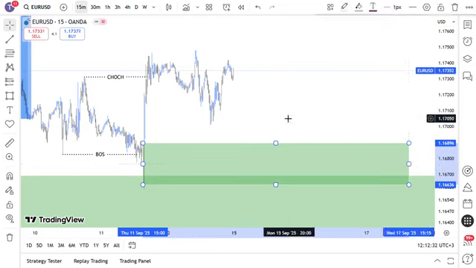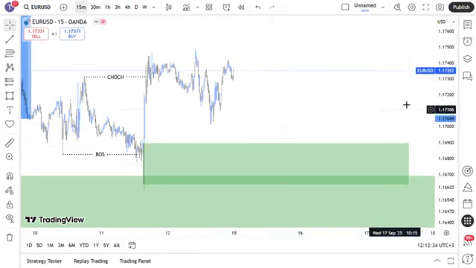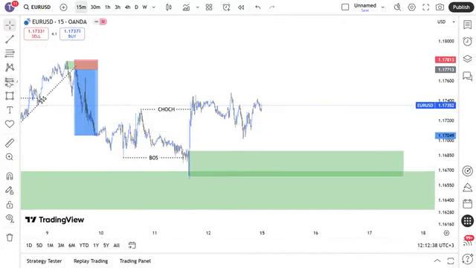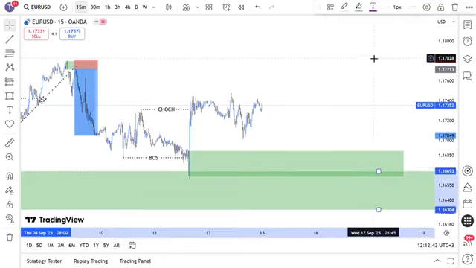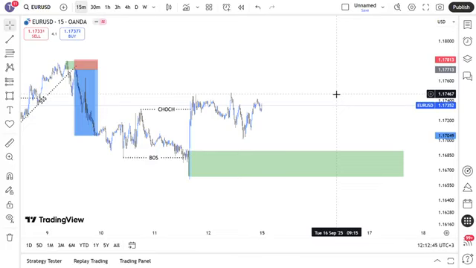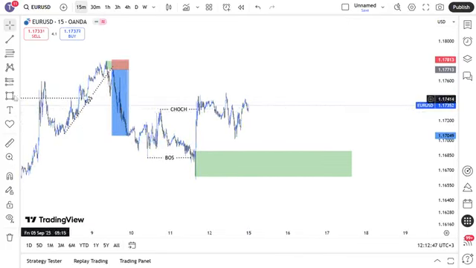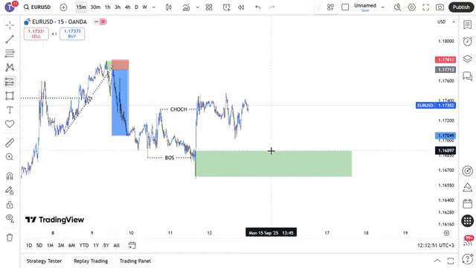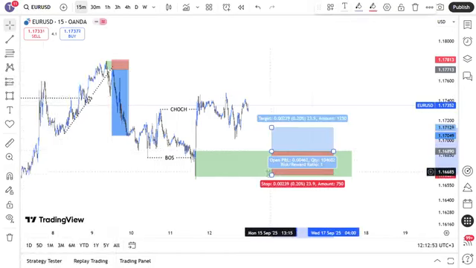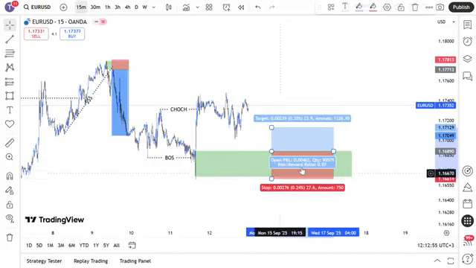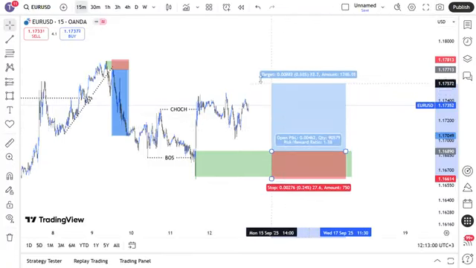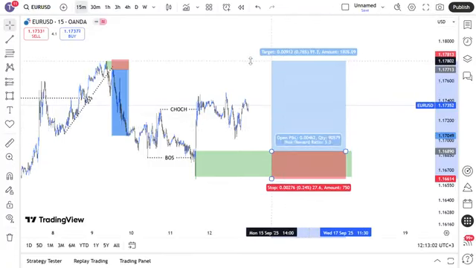If we have a pullback to this low, I'll be looking for buys to the upside. My setup currently, let me delete this daily order block, because we already have a reaction from that order block. So I'll be looking for my buys from down here, from this order block. Stop loss just below the order block, and then my take profit will be up here.